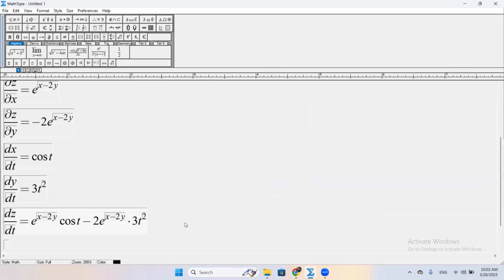And now we will simplify this expression and reduce it to only one variable.